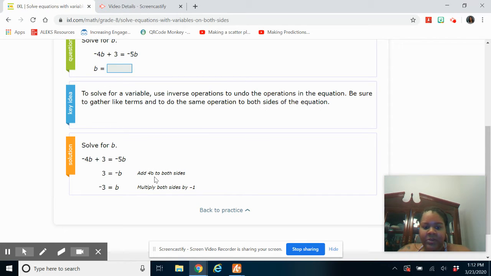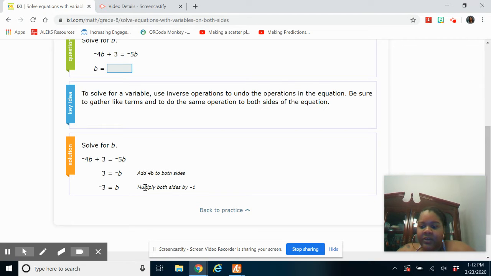The first step is to add 4b to both sides because I have a negative 4b over here. I need to get rid of it, so the inverse would be adding. That will leave 3 over here, and then negative 5b plus 4b equals negative b. So I'm left with 3 equals negative b.